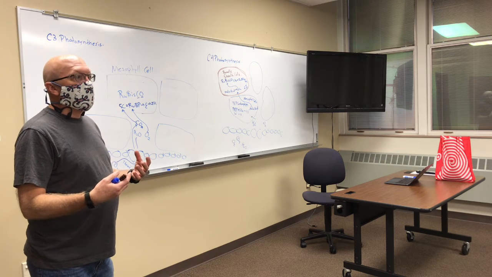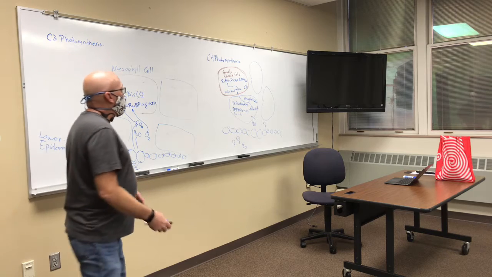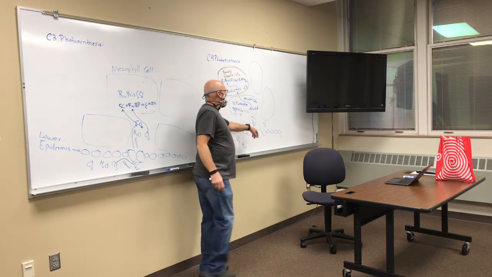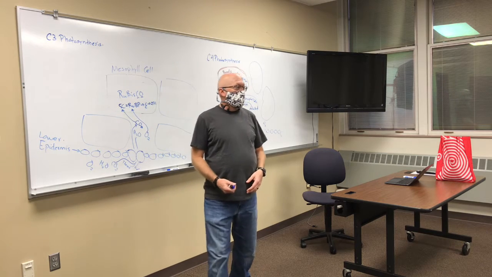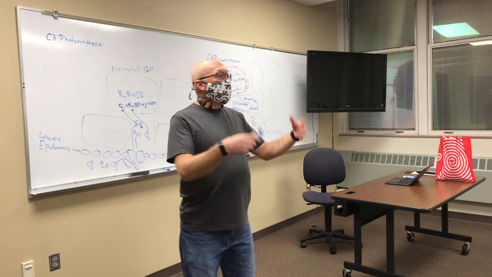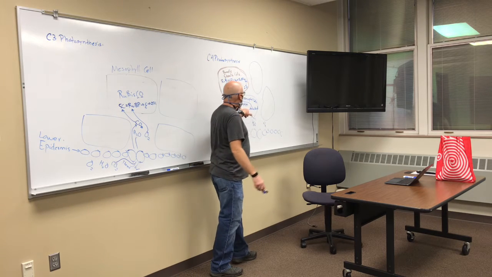Rubisco starts to interact with what? Oxygen. So why does a C4 plant not have to worry about the fact that there's no carbon dioxide in its leaves? Because it doesn't interact with oxygen. All that oxygen just hangs out there because PEP carboxylase doesn't care about oxygen.